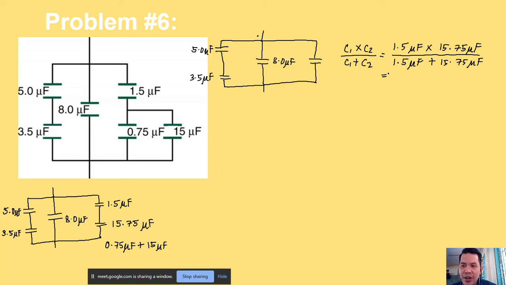Answer po natin dito is 1.369565217 microfarad. Yung value po natin dito, it's 1.369565217 microfarad. Next po is, pwede po nating unahin po muna natin ito.